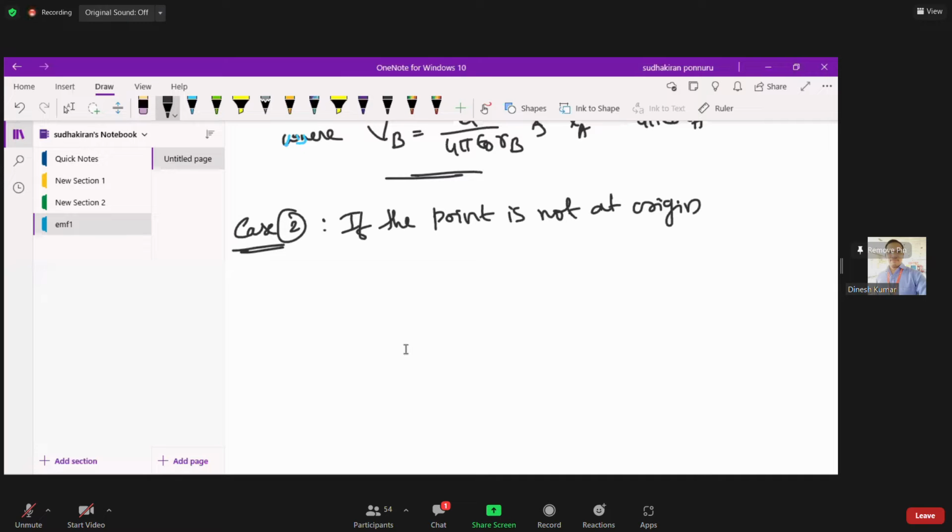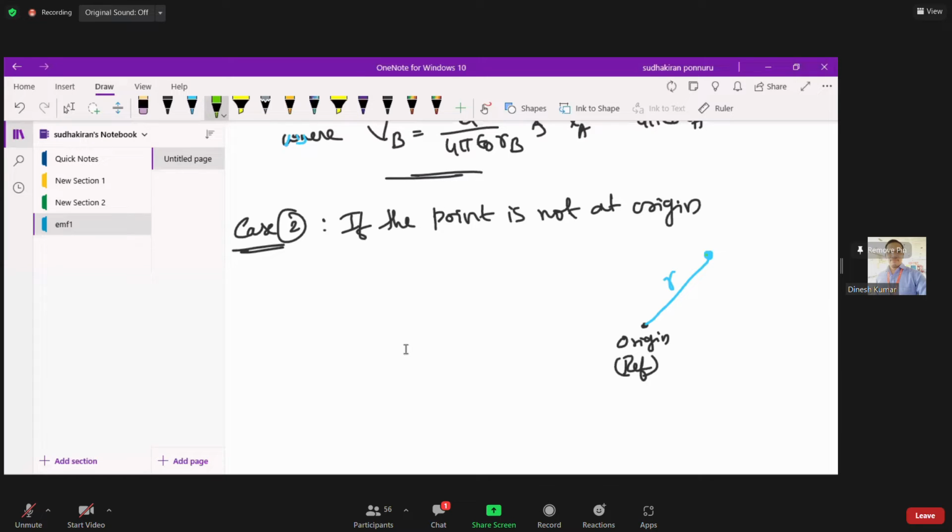Okay, so this is the origin, or we are going to call this origin a reference, and now we take our point charge located at a distance of r from the origin.